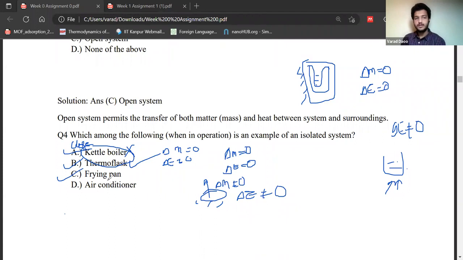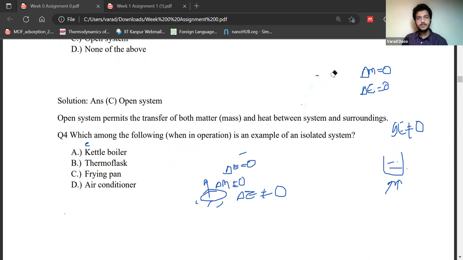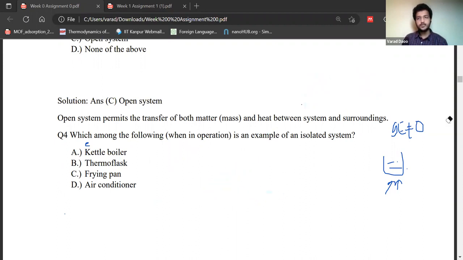Air condition is also not an isolated system. So the only correct option is option B, which is thermoplast. Which can also be obvious because we use thermoplast to keep our hot water.